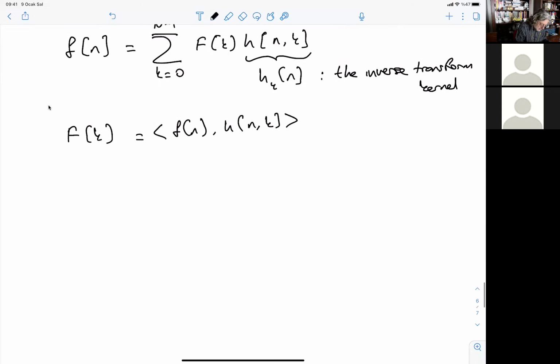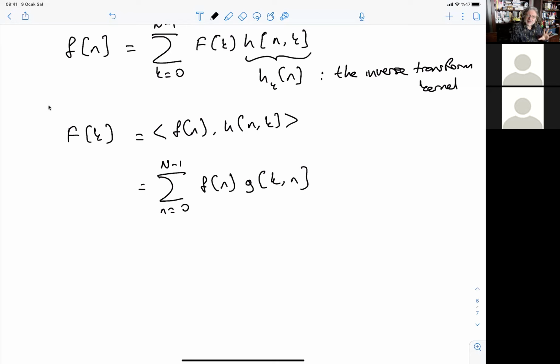But I'm going to write it in its own inner product definition sense in a different way, like summation n from 0 to capital N minus 1 f of n, and I am going to call this G of K and N, which essentially corresponds to the conjugation of H of N and K.